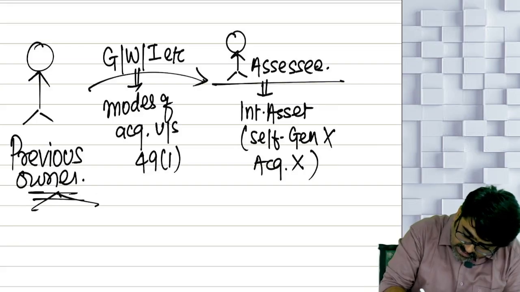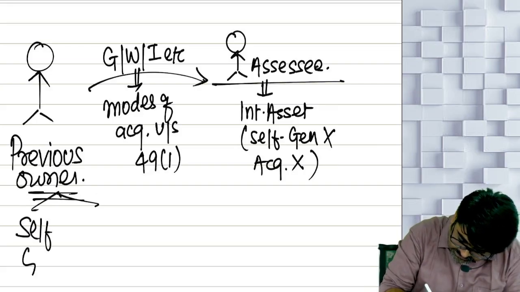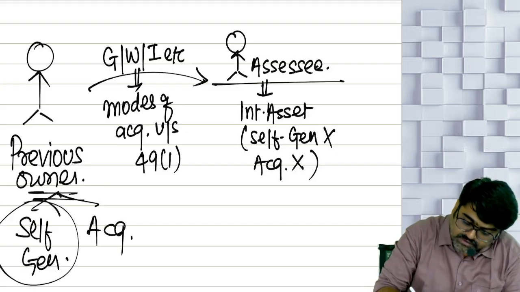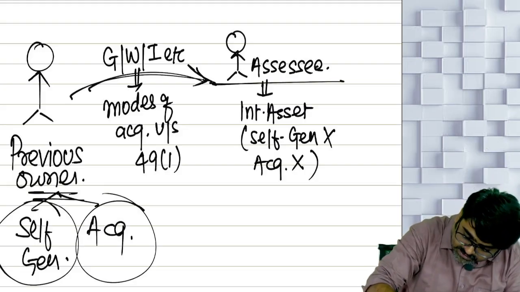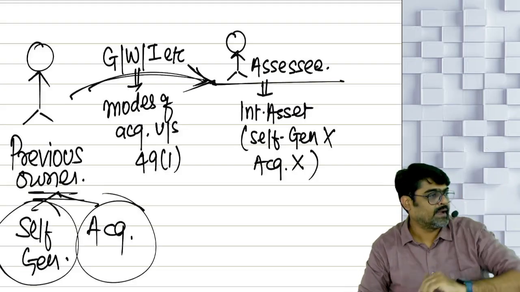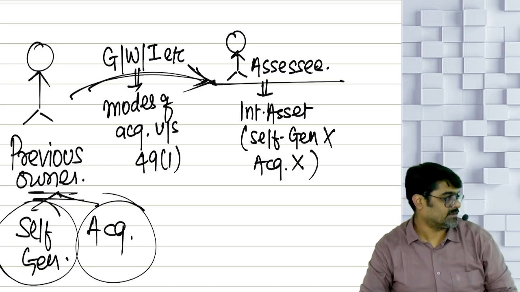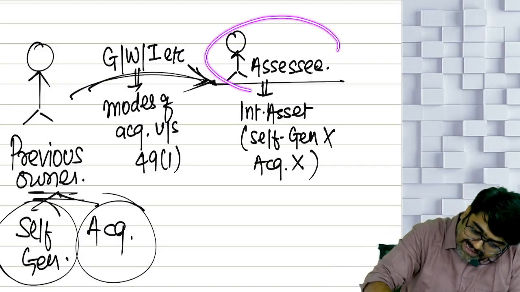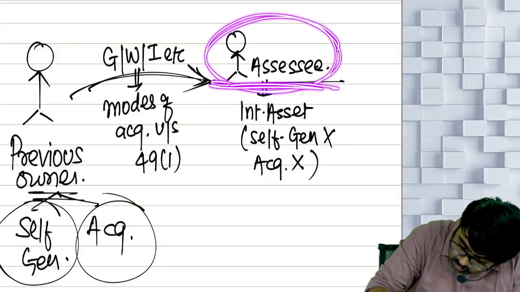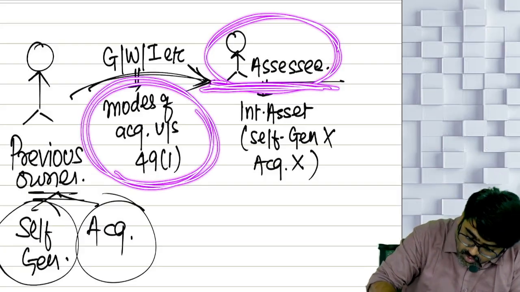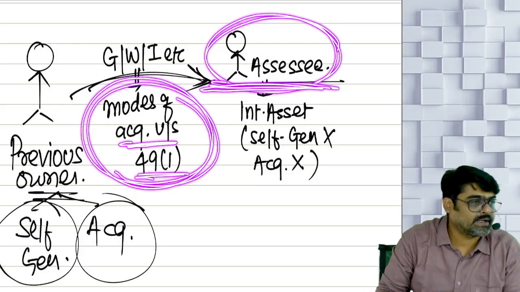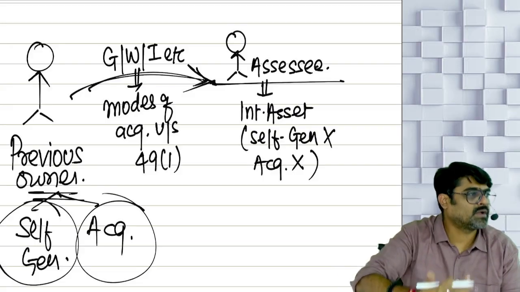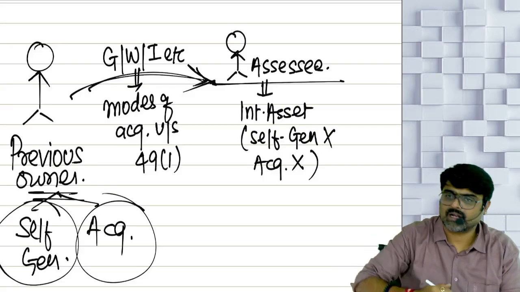Now, if this previous owner has self-generated or acquired the asset, and then gives you that asset in the form of gift, will, inheritance, etc. Section 49(1) has a list of certain modes: gift, will, inheritance, revocable transfer, irrevocable transfer.